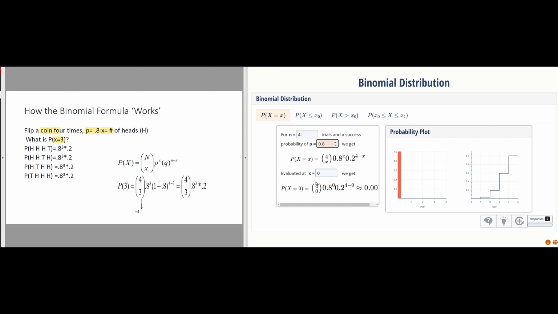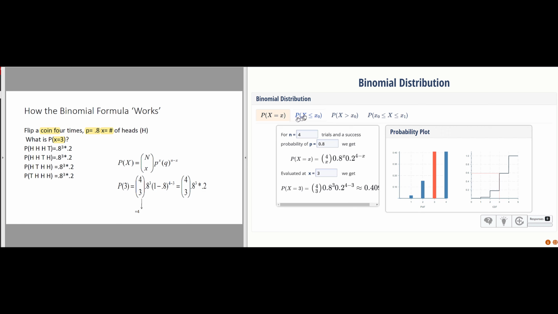That's the probability of a head. And we want to know what the probability is of getting 3 heads. Okay, and the tool just updates as we go. Notice up here, the particular test that I've selected is the probability that the number of successes that we get is exactly 3.